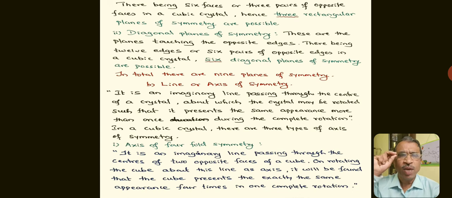Coming to the first one, axis of 4-fold symmetry. It is an imaginary line passing through the centers of 2 opposite faces of a cube. On rotating the cube about this line as axis, it will be found that the cube presents exactly the same appearance 4 times in one complete rotation.